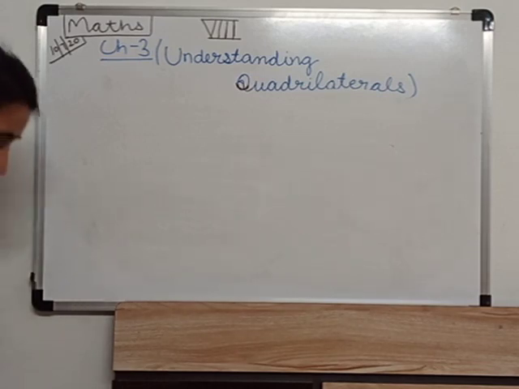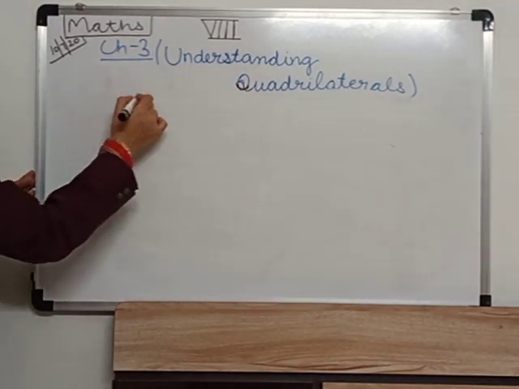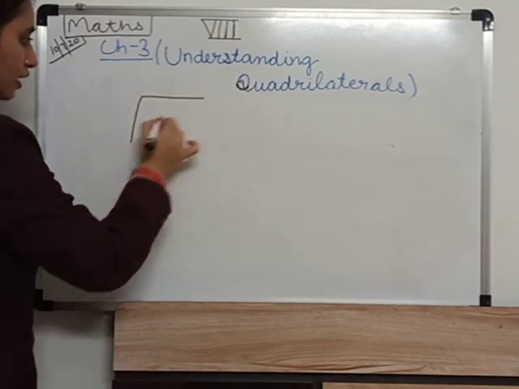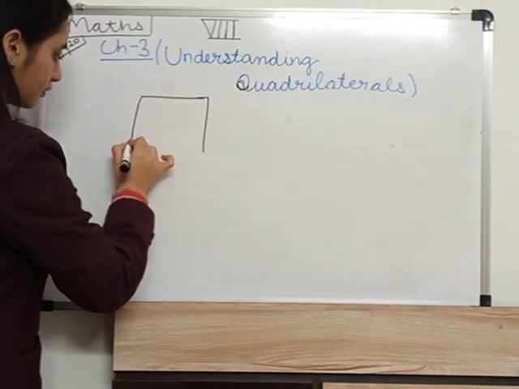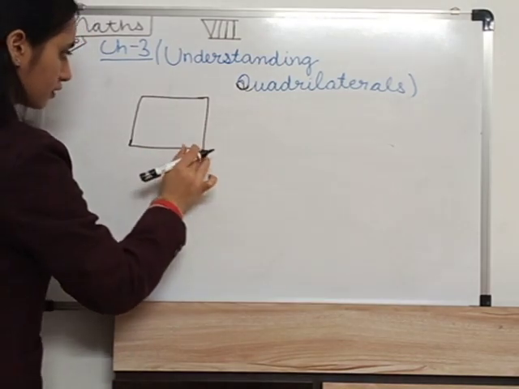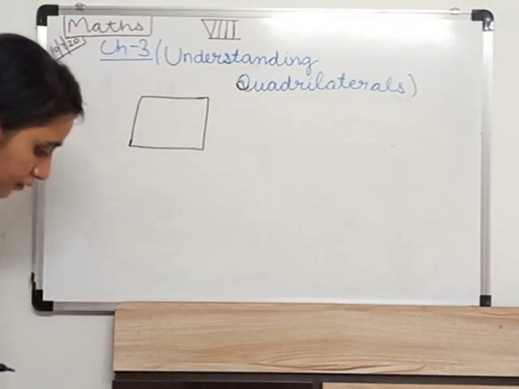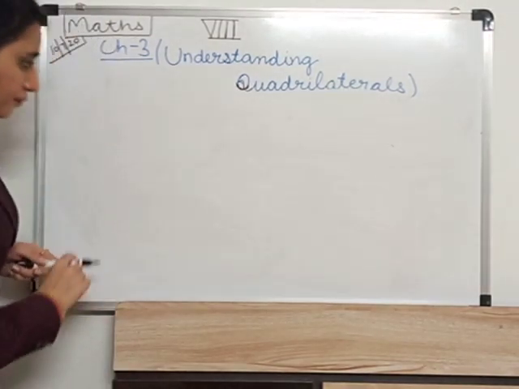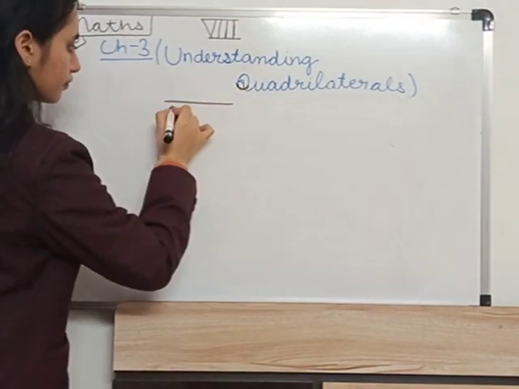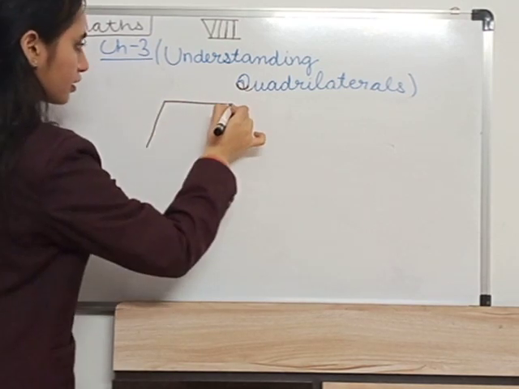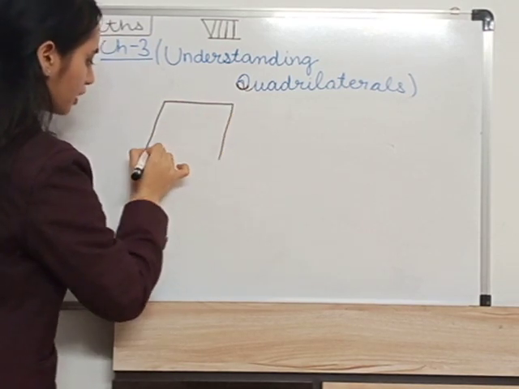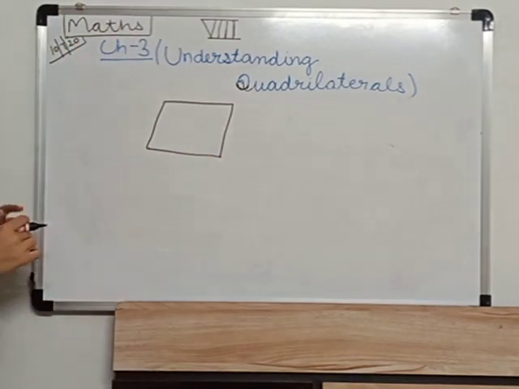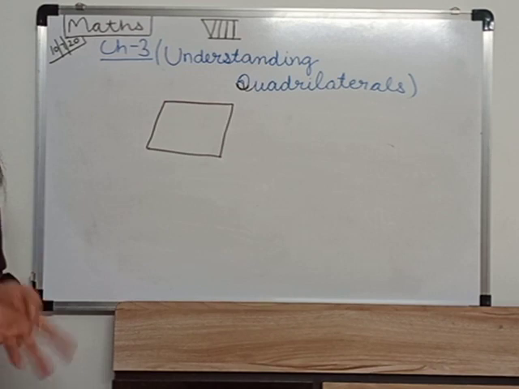Okay. Now, next is about rhombus, in which all sides are equal. What is the shape of a rhombus? In which all sides are equal. This satisfies all the properties of a parallelogram. But what is the difference between a rhombus and a parallelogram?